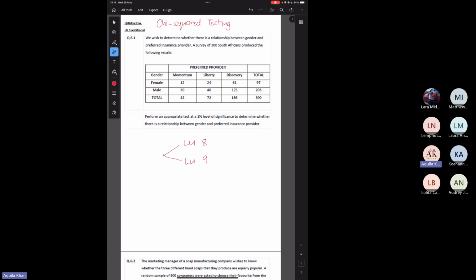I always say to students that between the two, the easier is learning unit 9, and it is one that you will score better in as opposed to learning unit 8. However, if you feel comfortable with learning unit 8 as opposed to learning unit 9, that's perfectly fine as well. You're obviously not restricted to choosing learning unit 9, but it just is one of the easier learning units as opposed to learning unit 8.